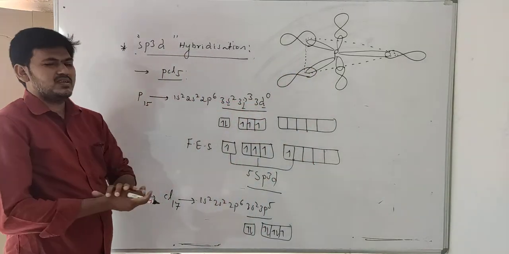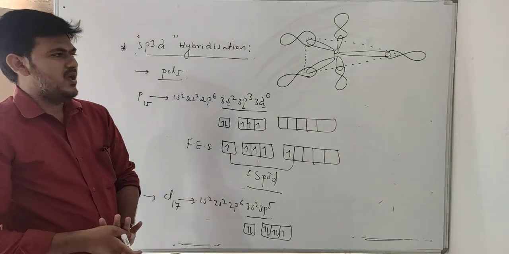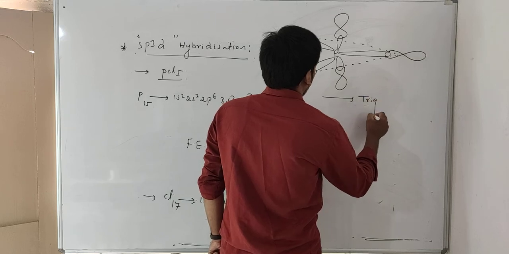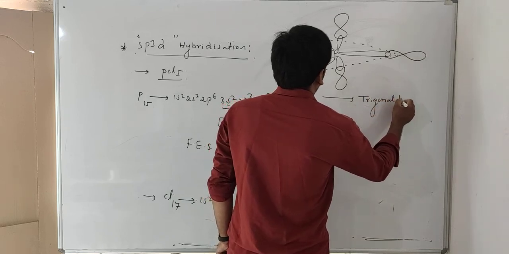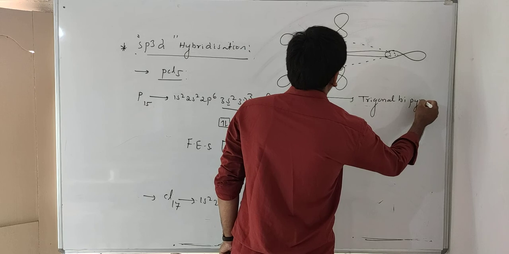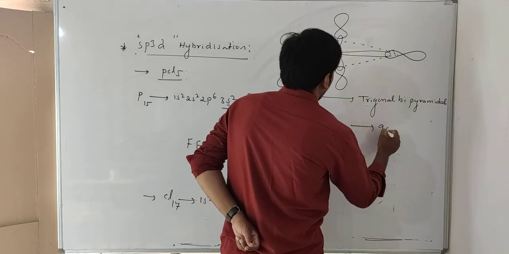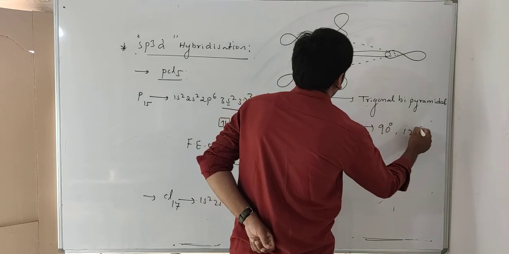So this is the PCl5 structure, phosphorus pentachloride. And the shape of the molecule is trigonal bipyramidal, and the bond angles are 90 degrees and 120 degrees.